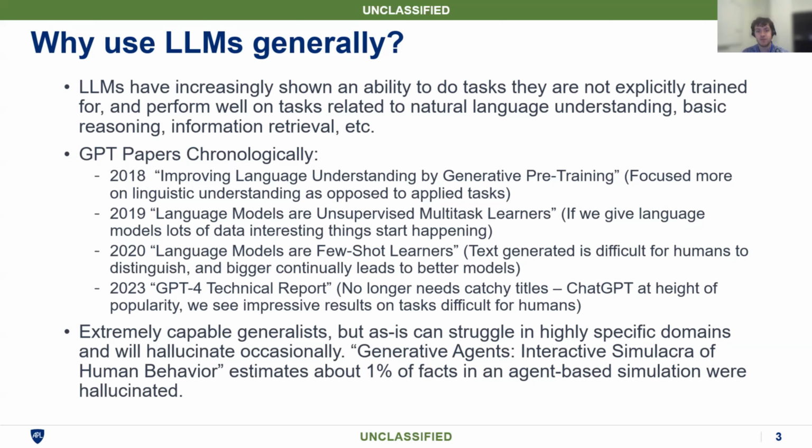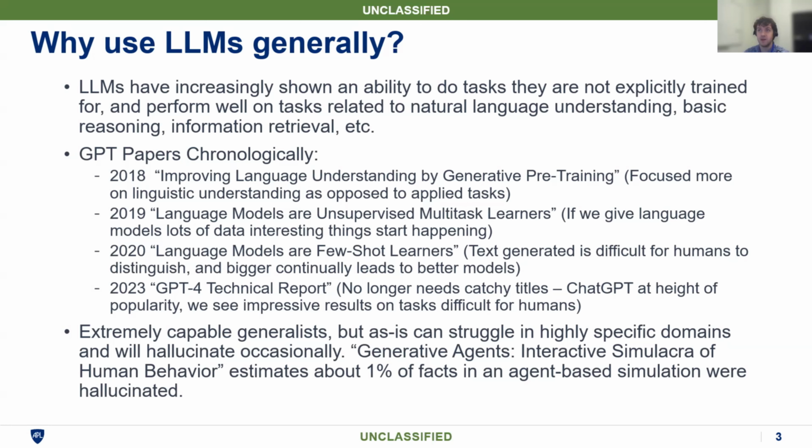And we see impressive results on tasks even difficult for humans. The GPT-4 technical report has very little information on things such as architecture and training data, what it's trained on. It really focuses heavily on human benchmarks, such as, if I gave this the SAT, how would it do? So we really see a movement away from the academic, but also this idea that scale is king.